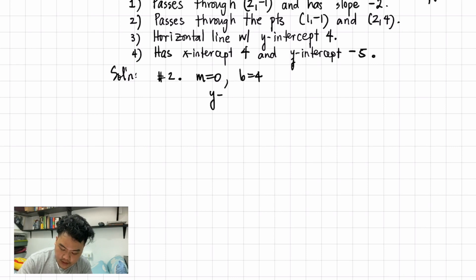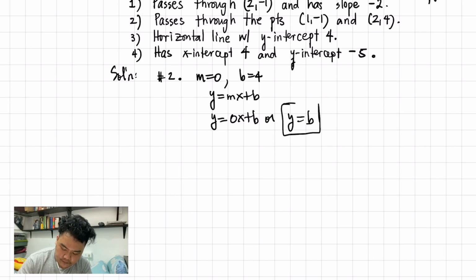So y equal to mx plus b becomes y equal to 0x plus b, or y equal to b. What is our b? Our b is 4. Or y equal to 4. m is 0, b is 4. That is item number 3.